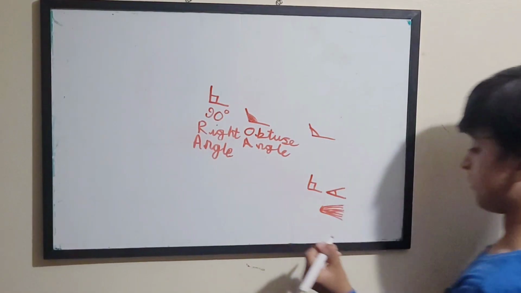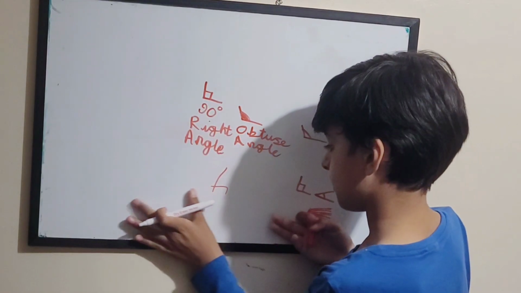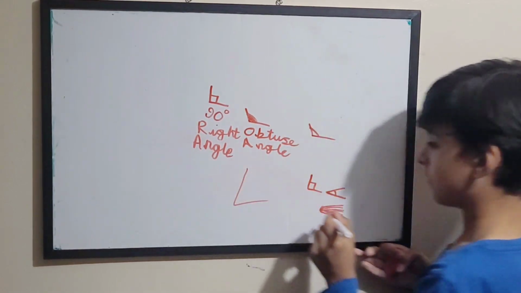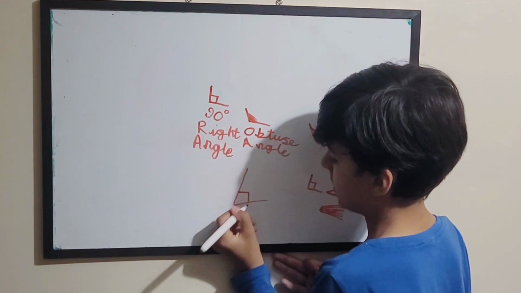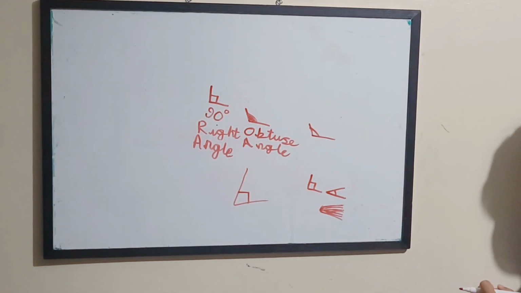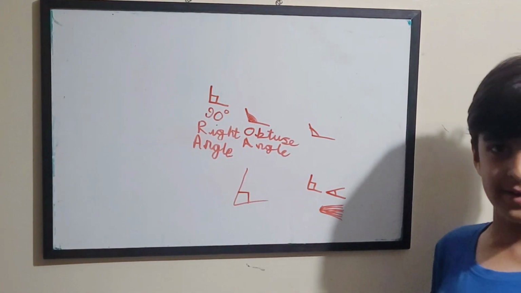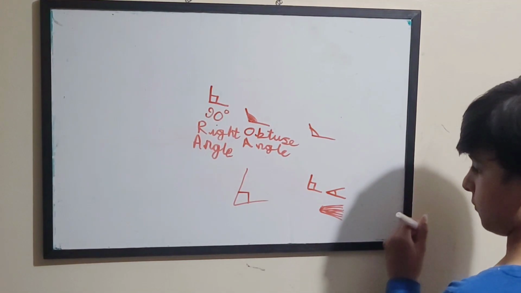Right is the best one to choose right now. Right angle. And now, you put the square over here, okay? So now, I said earlier, we have right, obtuse, and acute.